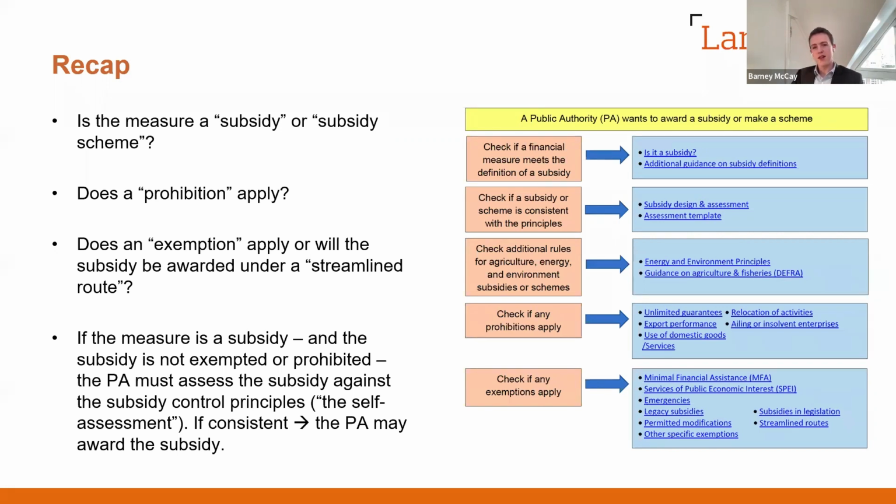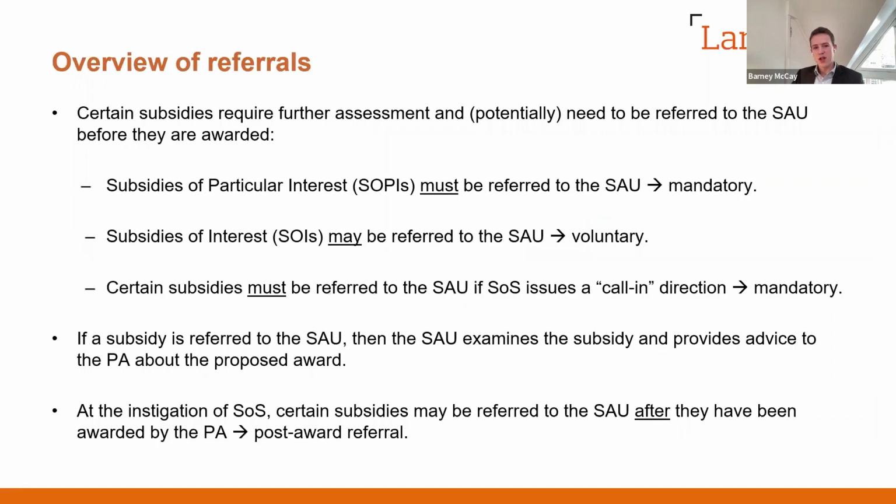If we then move to the overview of the referral process, that self-assessment and the ability of the public authority to simply award the subsidy isn't the end of the story for certain types of subsidies. For certain types of subsidies, they need to be, or they may be, referred to the Subsidy Advice Unit in the CMA.